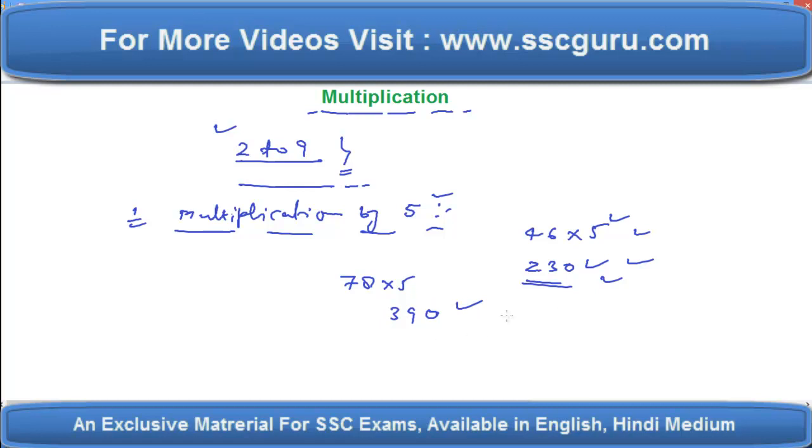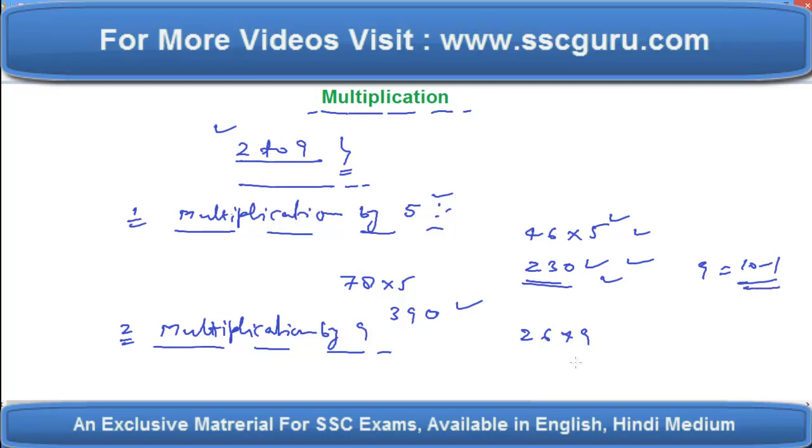Now, multiplication by 9. Suppose we have to multiply 26 into 9. We can write 9 equals 10 minus 1.